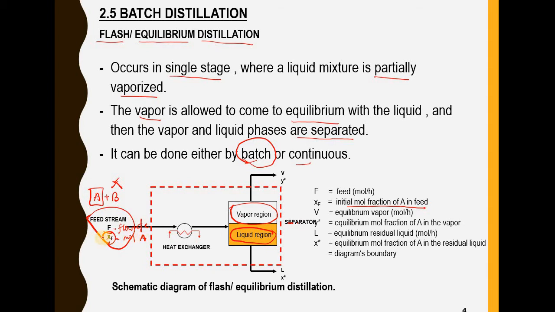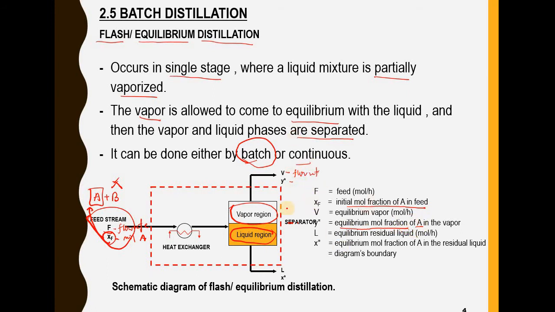I will consider only A in this calculation, in this mass balance. So for the feed stream there will be F and XF. For the top, it is denoted by V as vapor, which is usually the flow rate also, and Y star is the equilibrium mole fraction of A in vapor.